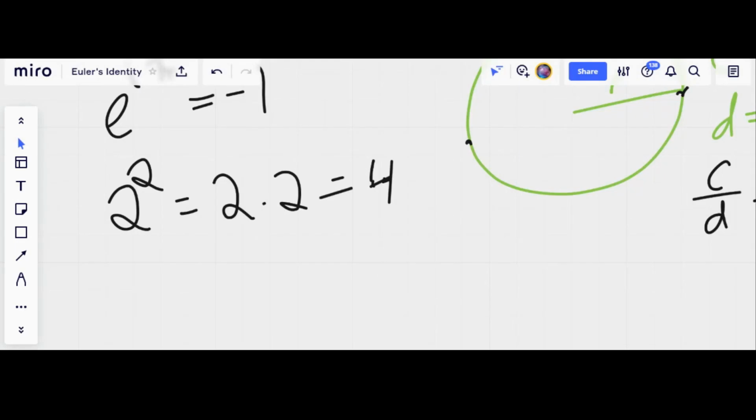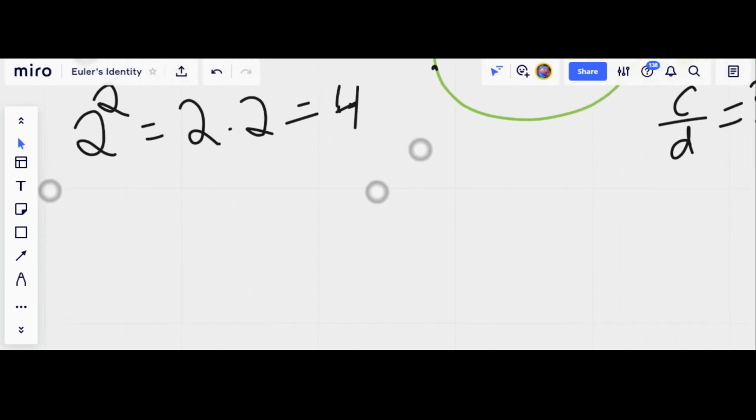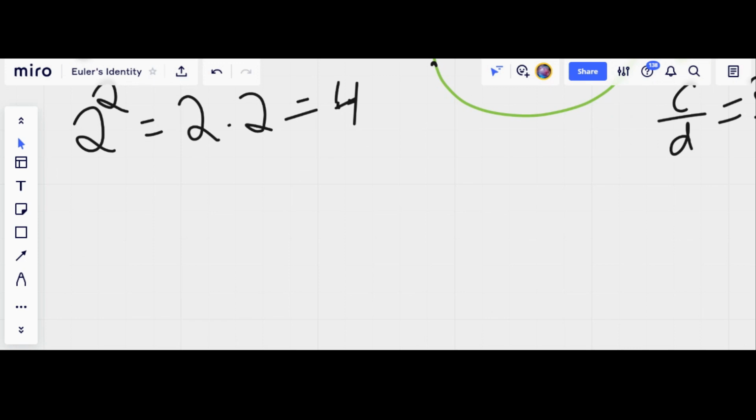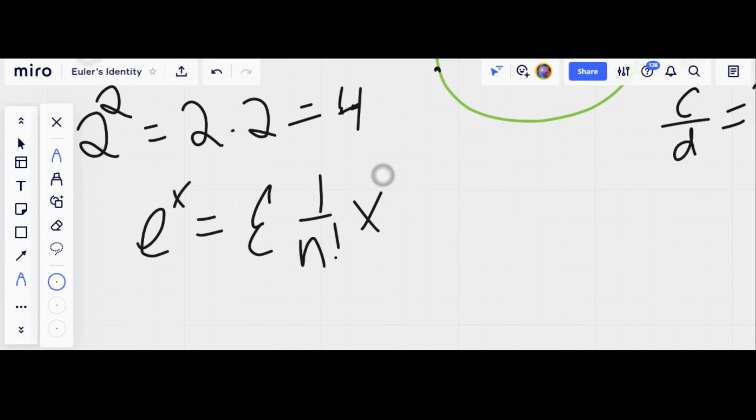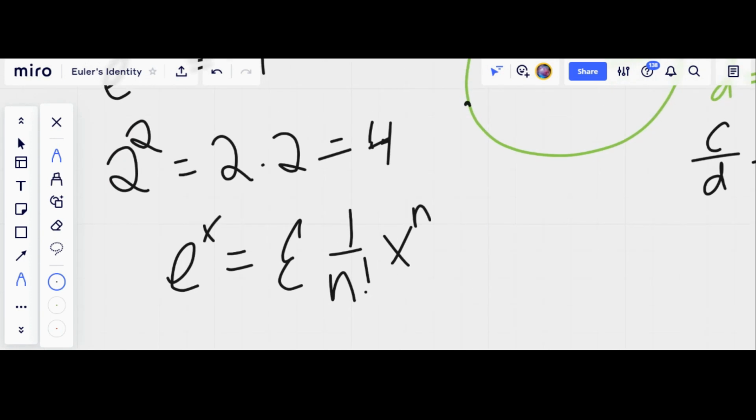All right, so let's go ahead and get started. Let's go ahead and Taylor expand this exponential. So what I mean by that is we're going to write the exponential as a sum of polynomials. So e to the x is going to equal the sum of 1 over n factorial times x to the n, where n goes from 0 to infinity.